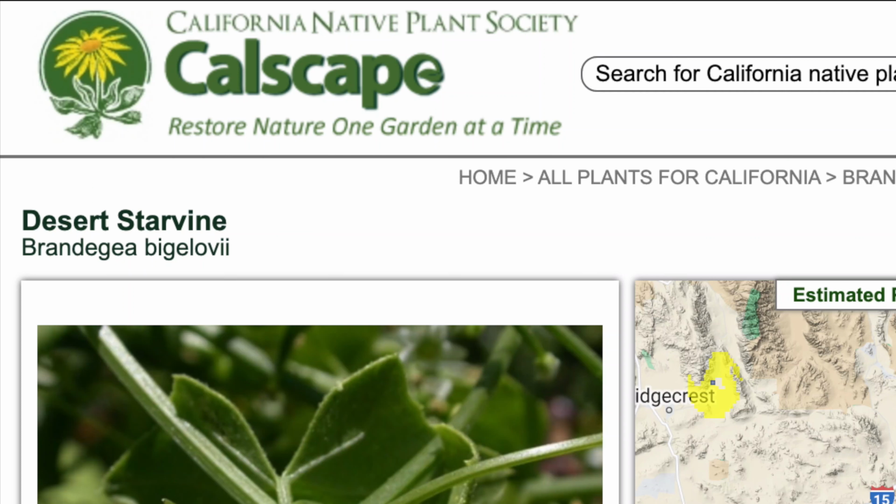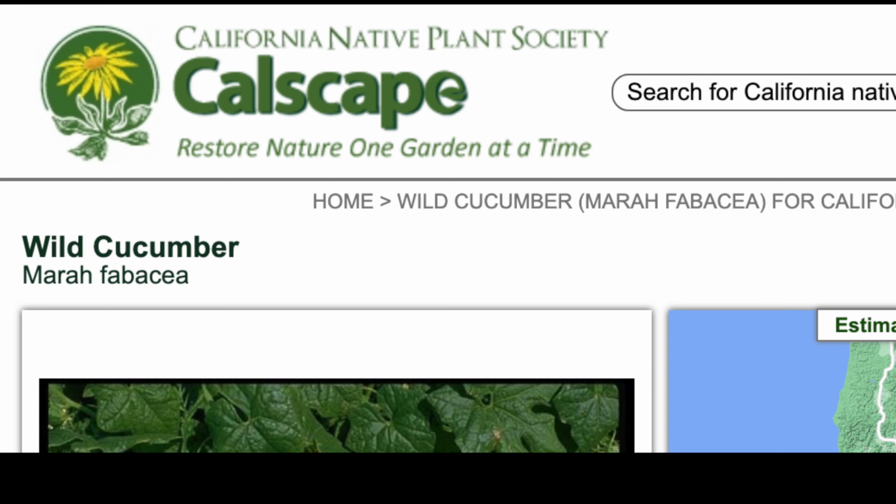All right, let's stop for a second because this is worth digging into. I went home and I tried to properly identify the plant, and it turns out that this is not desert starvine, even though I was almost convinced that it was over the wild cucumber. Desert starvine and wild cucumber look very similar, and they're both found in California.